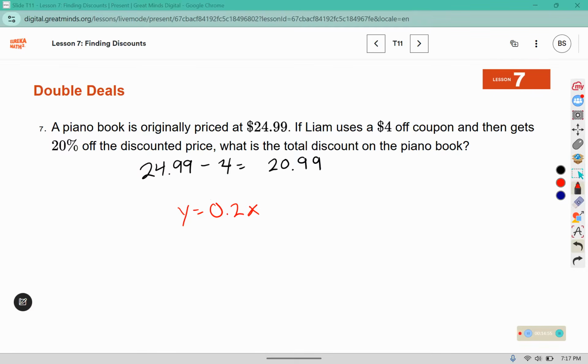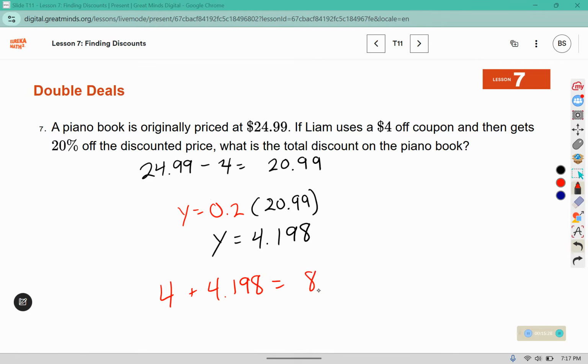And now our price is $20.99. So we would save 0.2 times 20.99, which is 4.198. So he saved $4 and $4 and almost 20 cents for a total savings of $8 and again almost 20 cents.